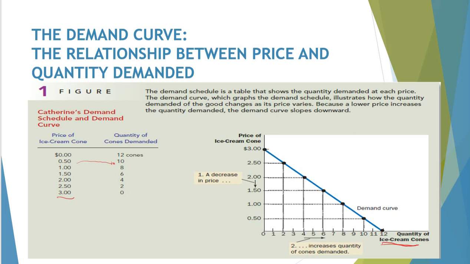Meaning that, other things equal, when the price of a good rises, the quantity demanded of the good falls. When the price falls, the quantity demanded rises. Do you understand this? This is the law of demand. If the price of the good goes up, the quantity demanded goes down. If the price of the good drops, the quantity will increase.